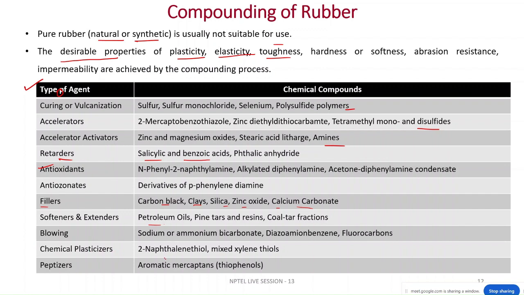Chemical plasticizers are 2-naphthalothiol, mixed xylene thiols. Peptizers are aromatic mercaptans or thiophenols. There are other examples; I have just highlighted some of them.